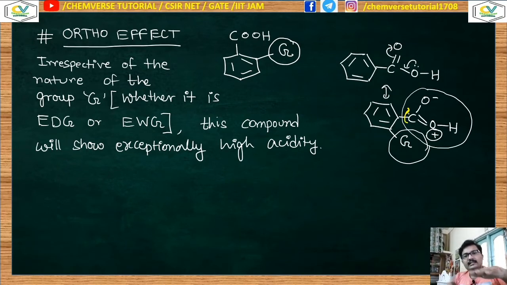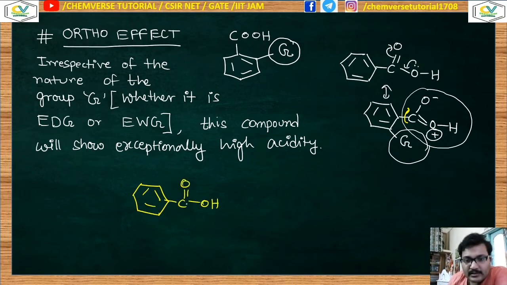It was earlier in the same plane with the benzene ring, and now it is rotated due to the steric repulsion. So the CO2H group rotates and goes out of the plane. Due to the steric repulsion, this group moves out of plane.